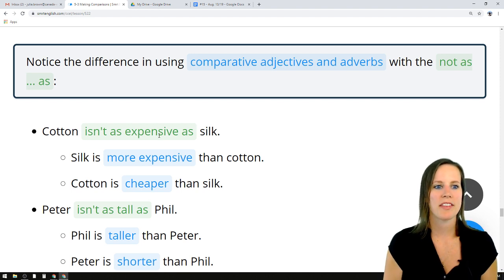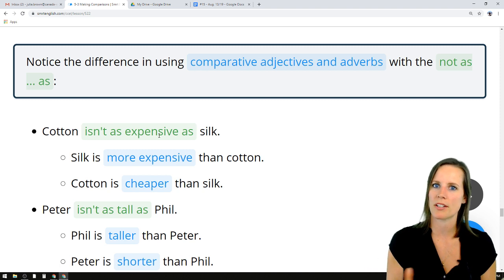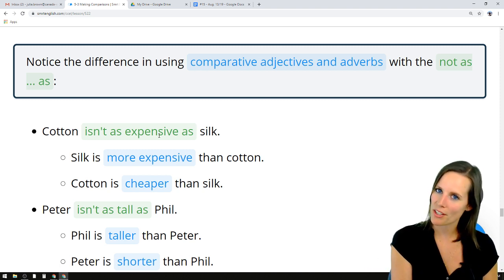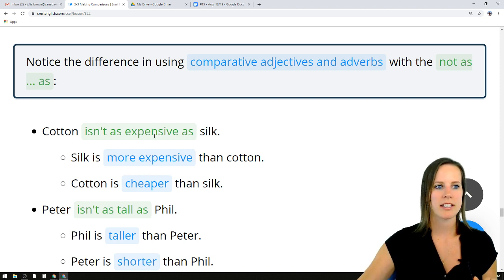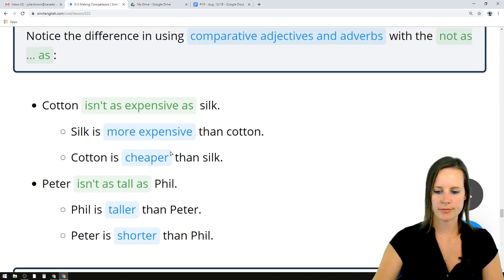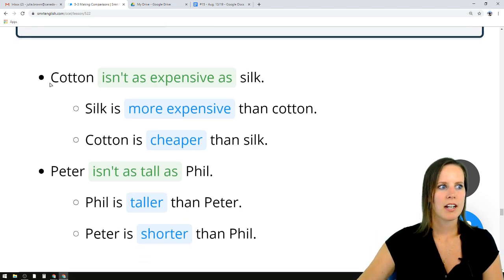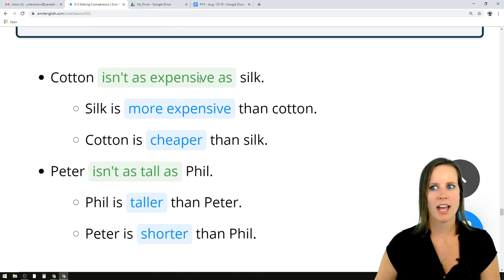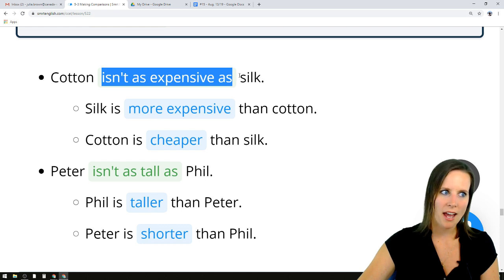Okay, so there is a difference between using the as comparative system and the comparing system. So you have to pay attention to the difference. Let's look at these examples. If I say cotton is not as expensive as silk, I'm using the negative as pattern.